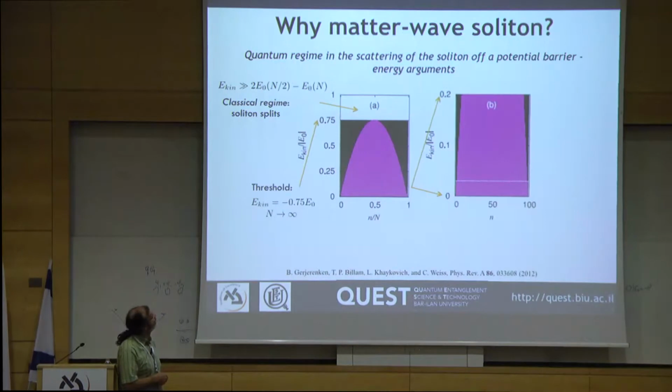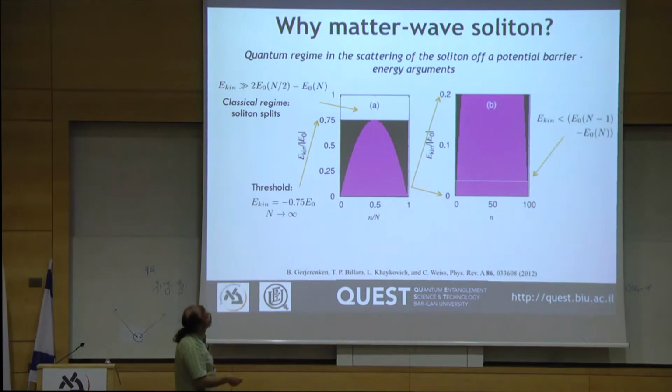So if we consider this part, very small kinetic energy, somewhere here, this is the region where we actually have kinetic energy smaller than even the energy that you need to throw apart even a single particle from the soliton.